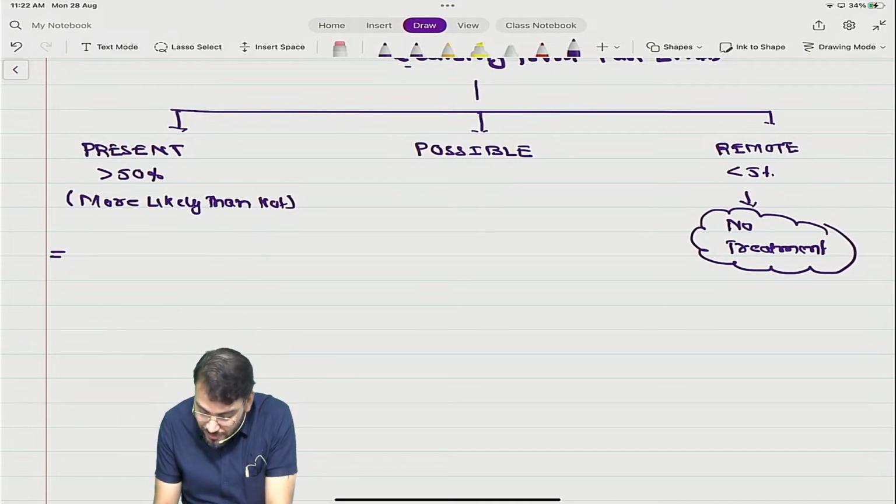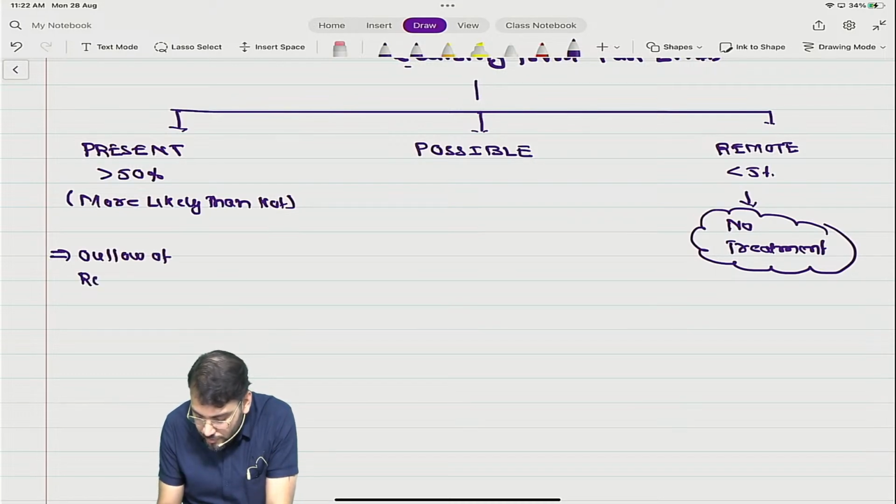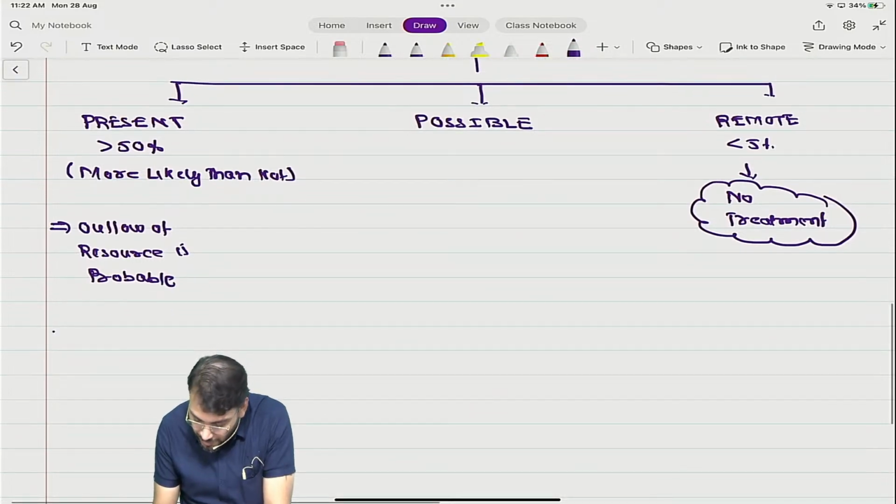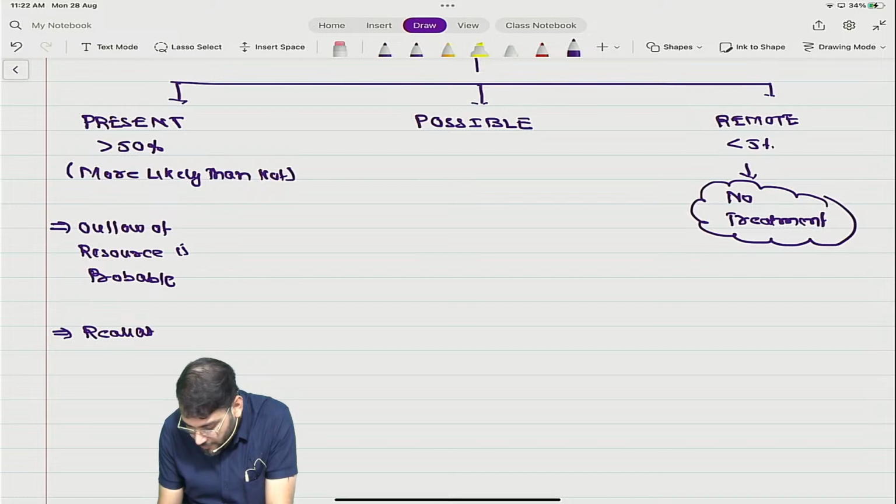So can I say one condition is what? Outflow of resource is probable. And the second condition, reliable estimation can be made.